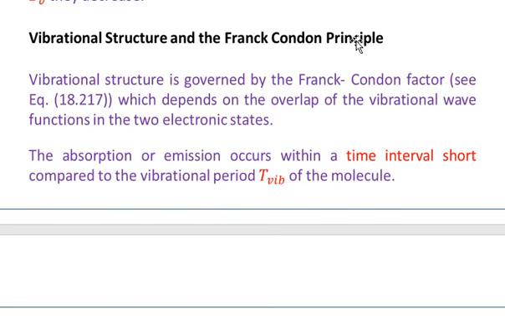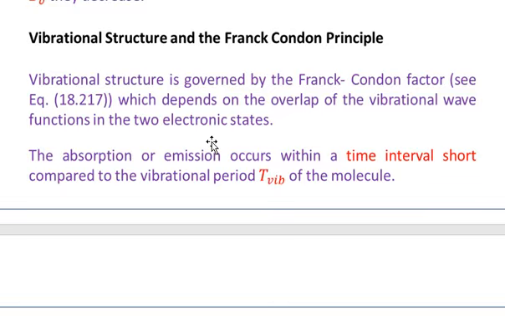Vibrational structure and Franck-Condon principle. Vibrational structure is governed by the Franck-Condon factor, which has been described in equation number 217, which depends on the overlap of vibrational wave functions in the two electronic states. Remember that in the Franck-Condon experiment, we write an integral which constitutes two vibrational functions.